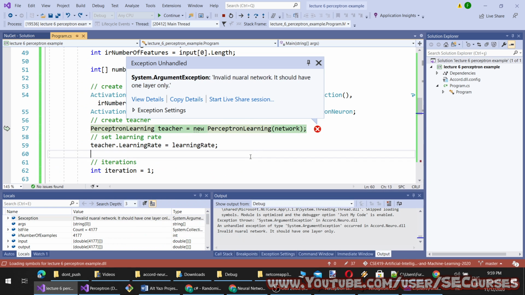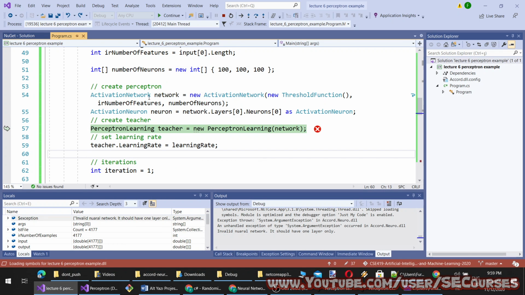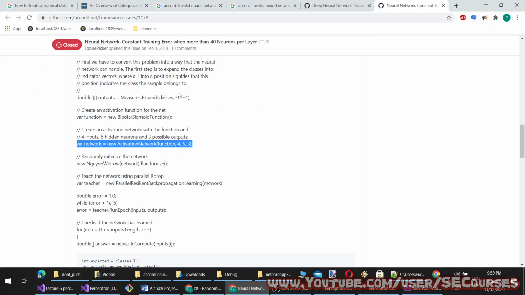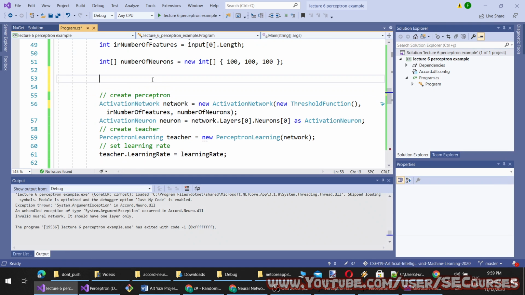New activation network. Okay, so instead of threshold function, maybe we need to use something else. Yeah, let's use this. Polar sigmoid function like this.